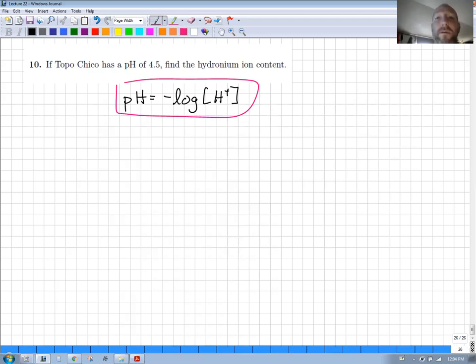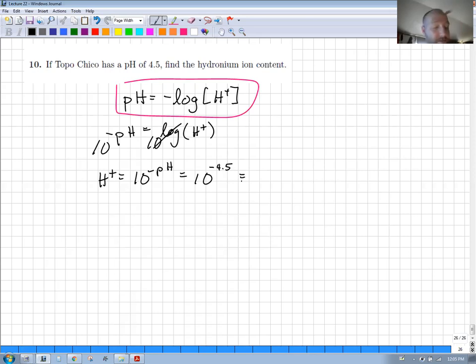So we want to find this. If we need to inverse this, we'll multiply both sides by a minus. Then to undo the log, I'll do 10 to the power of both sides. So I have H plus is 10 to the negative pH. In this case, it's a 4.5.